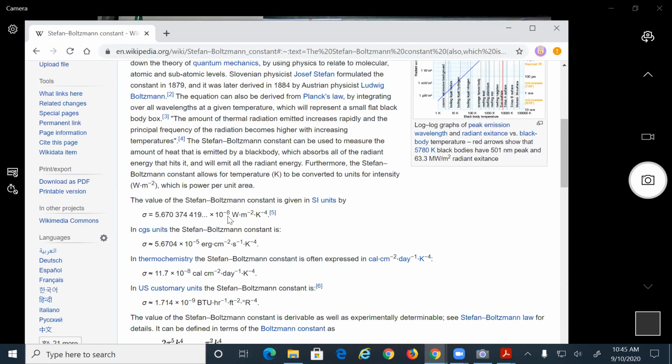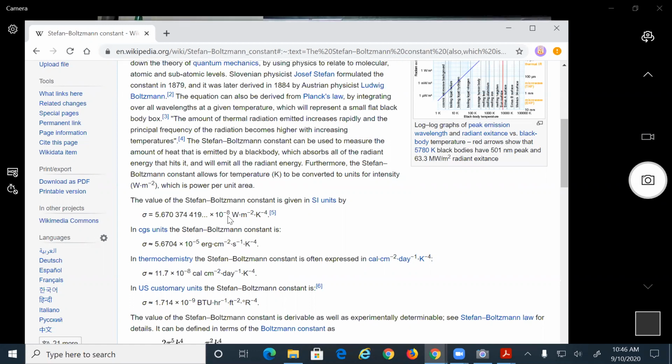So let me write it down. Sigma will be equal to 5.6704 times 10 to the negative 8 watts per meter square Kelvin to the fourth.